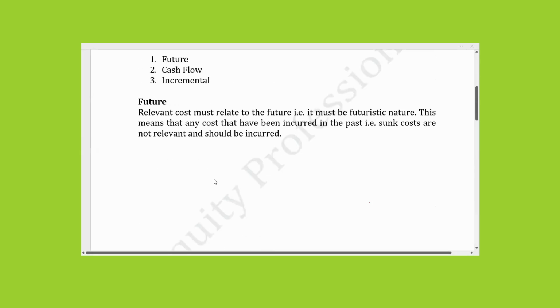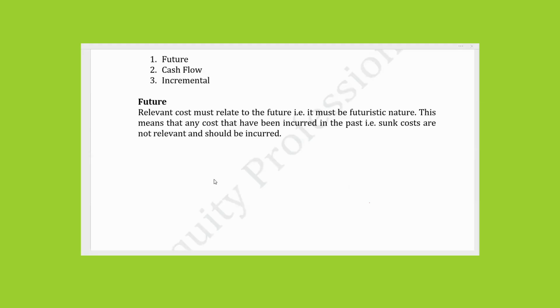Yes, future. So what we are saying here is that for a cost to be relevant, it must relate to the future. Any costs that have been incurred in the past are sunk costs. Sunk costs cannot influence the future decision that is to be taken, because you can't go back to the past to make the future decision that you want to make.